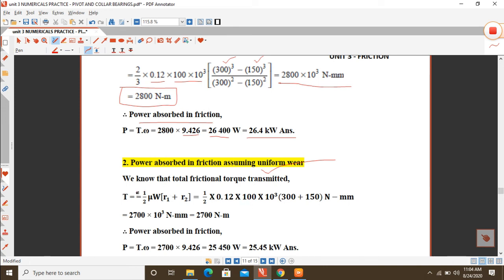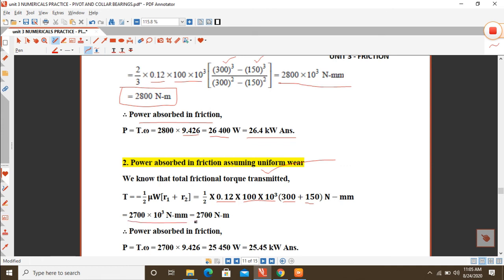So T for frictional torque considering uniform wear is 1 by 2 mu W R1 plus R2. So it is half into mu is 0.12, W is 100 into 10 raised to the power 3, R1 is 300, R2 is 150. Putting all these values, it will come out to be 2700 into 10 raised to the power 3 Newton mm.